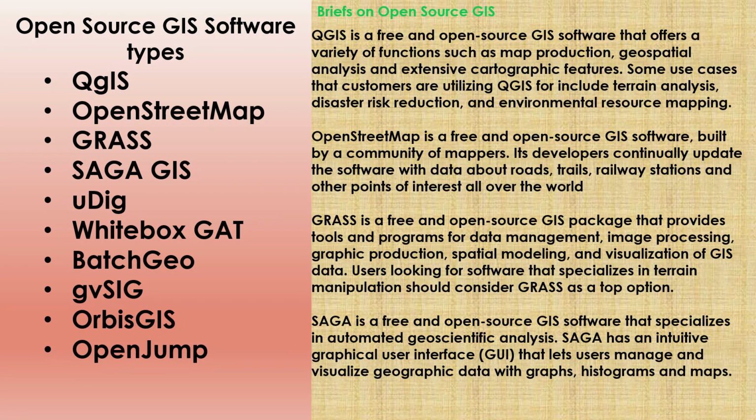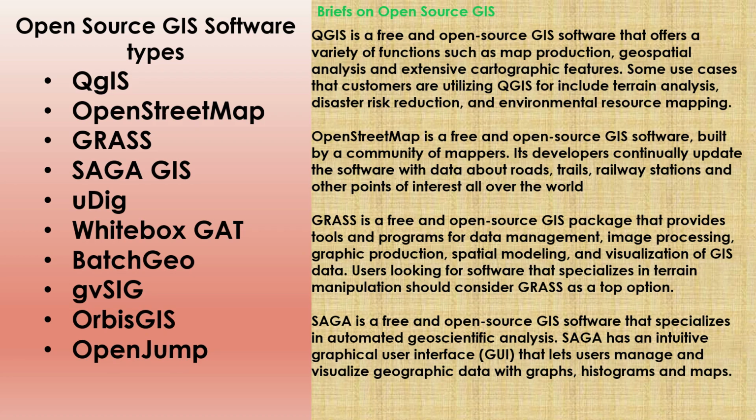There are so many advantages of the open source GIS software, and we are just looking at an example of open source GIS software, which is Quantum GIS, and which we are going to use in the next few examples and exercises that we are going to carry out. QGIS is a free and open source GIS software and offers most of the functions that you can find in any of the commercially available GIS software.